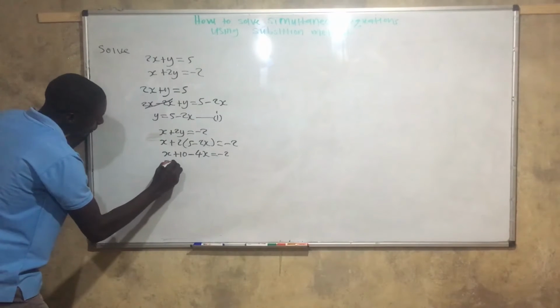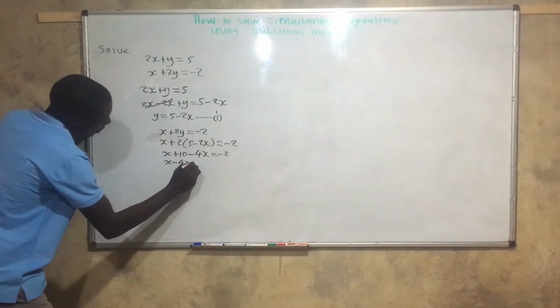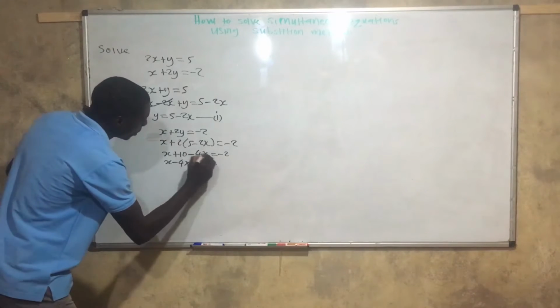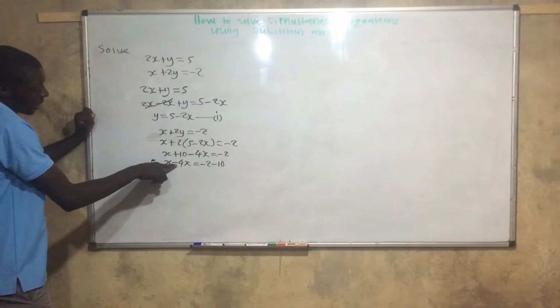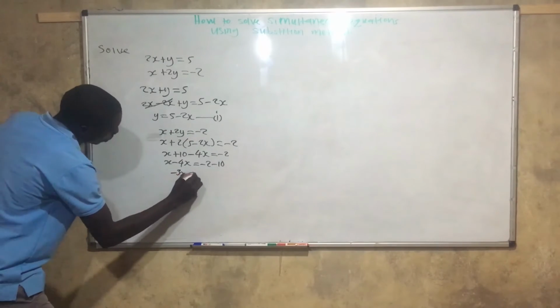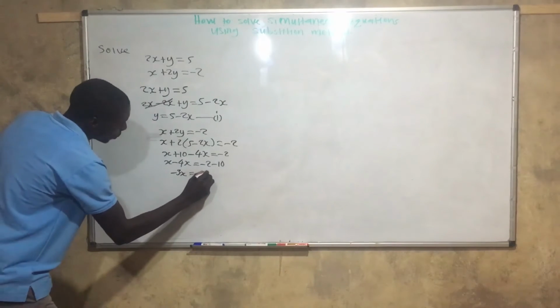This will be x minus 4x is equal to negative 2 minus 10. x minus 4x is negative 3x, is equal to negative 2 minus 10, which is negative 12.